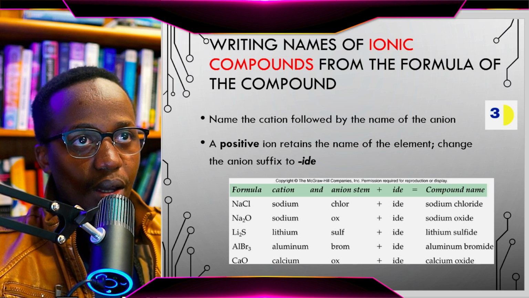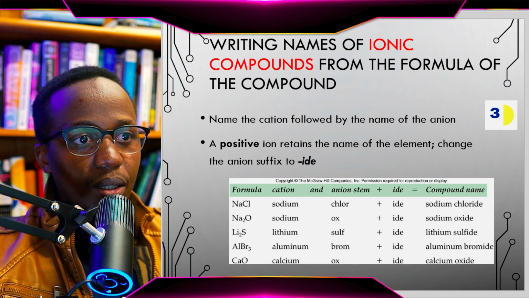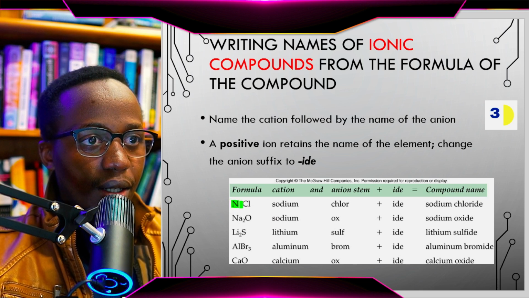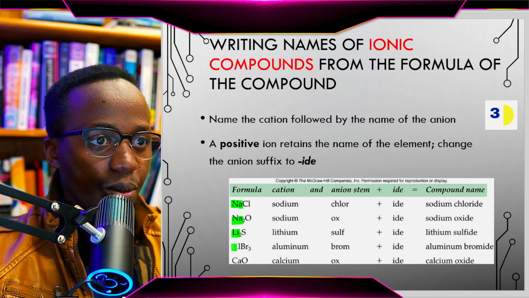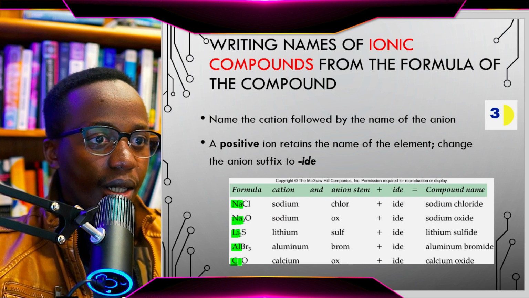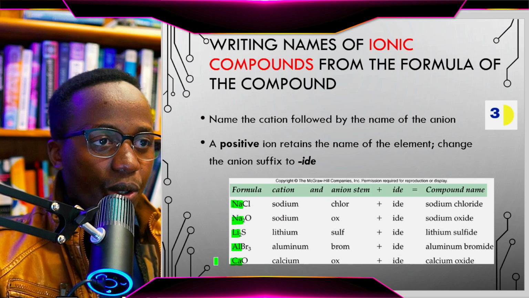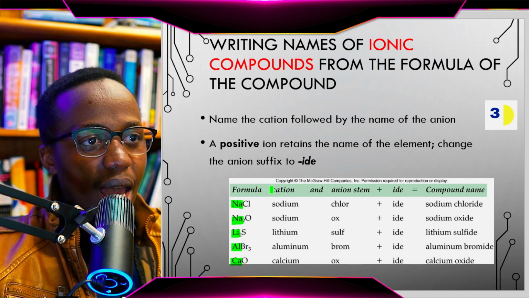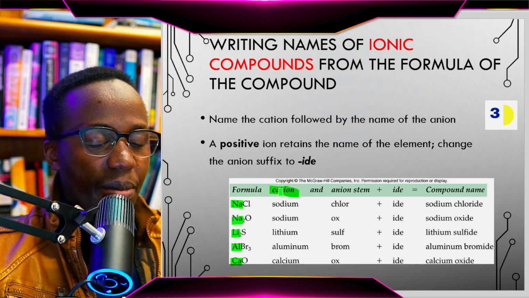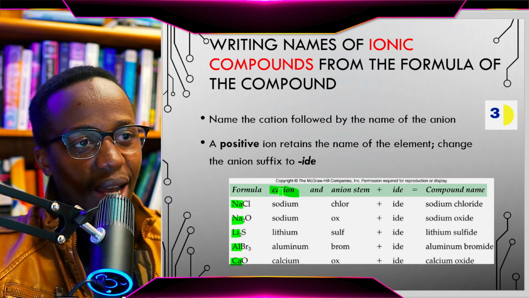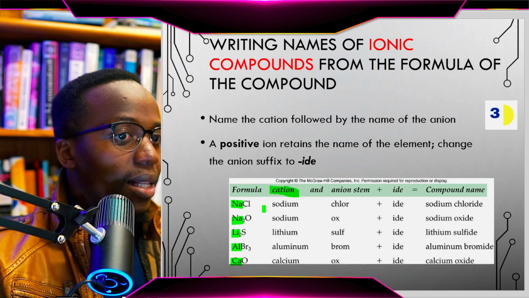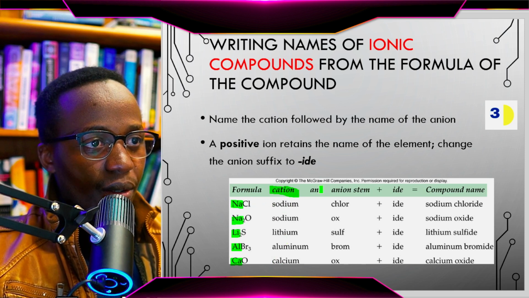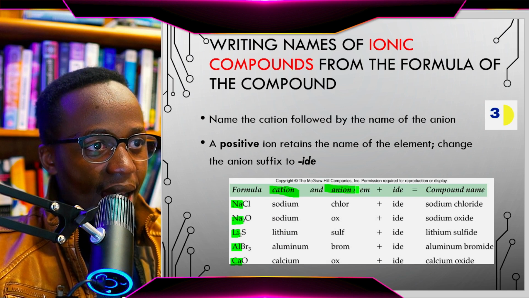So here, down here, you have sodium, lithium, aluminum, calcium. That's what you start with. You start with the metal or the cation, right? Remember that the cation is the positive ion. So you start with the metal, and then you add the non-metal at the end, or the anion, right?